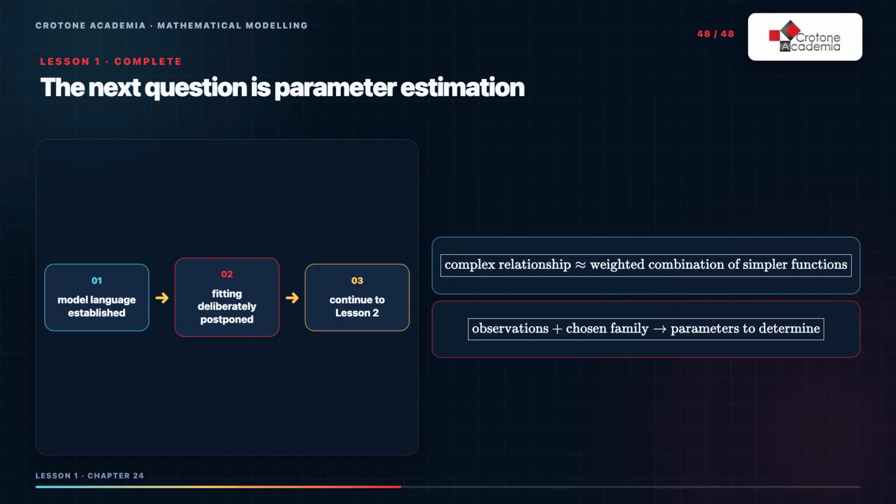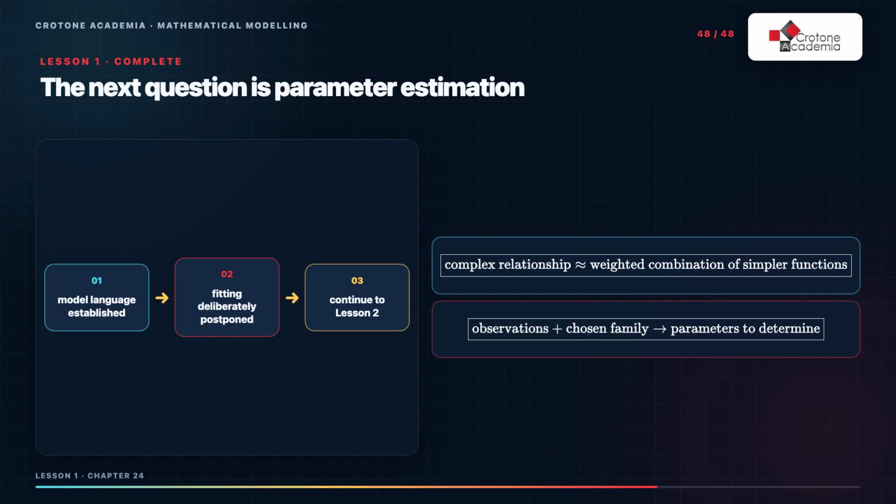Vectors and matrices compressed calculations without changing their meaning. Basis functions revealed a unifying structure connecting data models, Taylor expansions, and Fourier series. Complex relationships can be represented or approximated by weighted combinations of simpler functions.